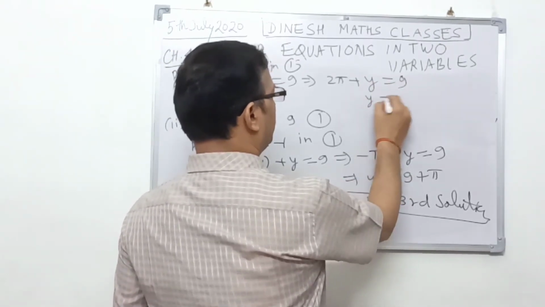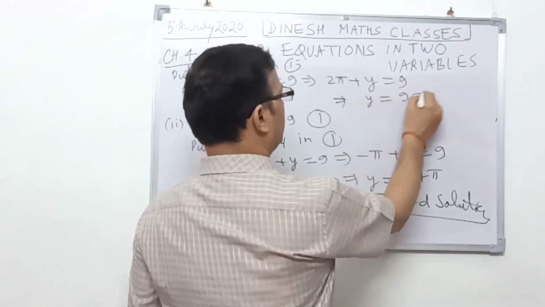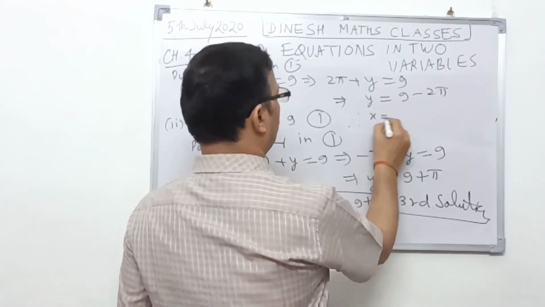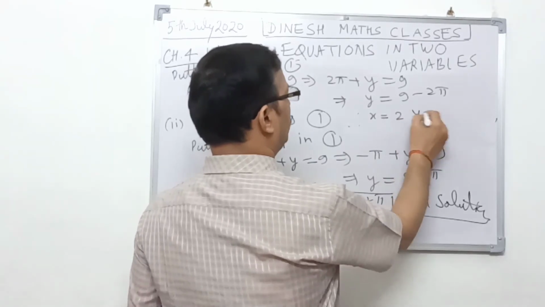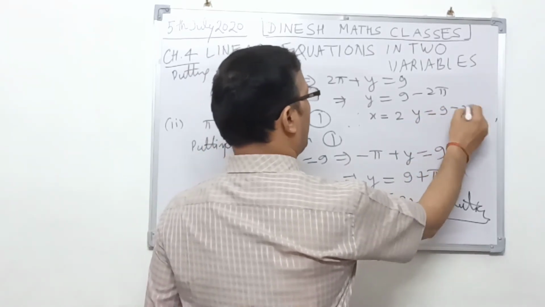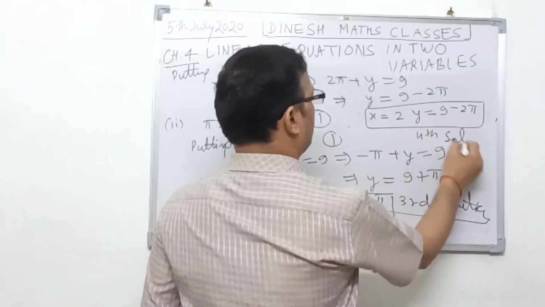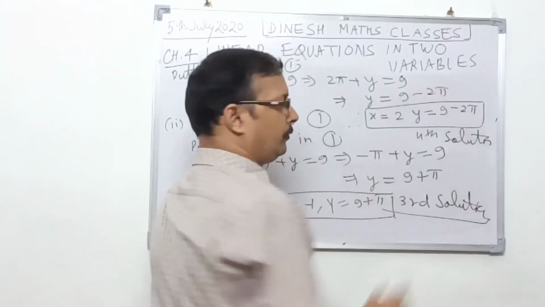Solve for y equal to 9 minus 2 pi, therefore x equal to 2, y equal to 9 minus 2 pi. This is the fourth solution. So in this way we can find four solutions.